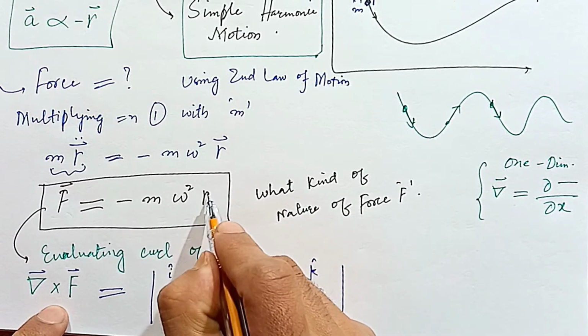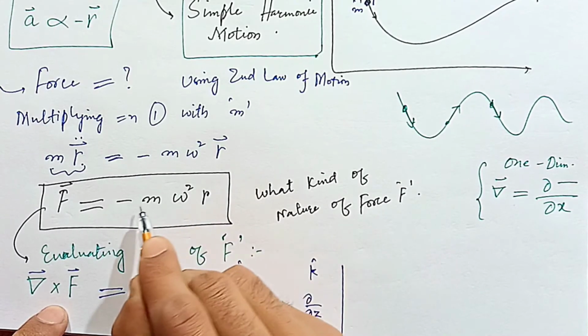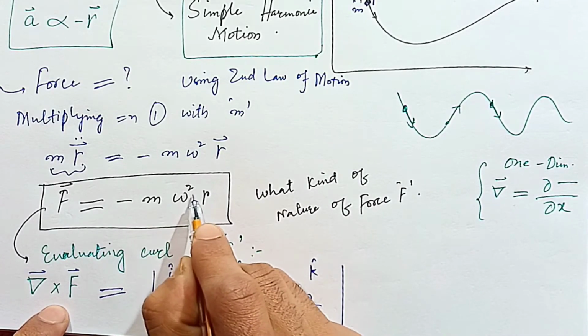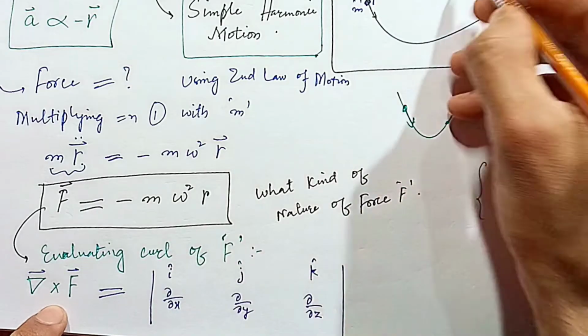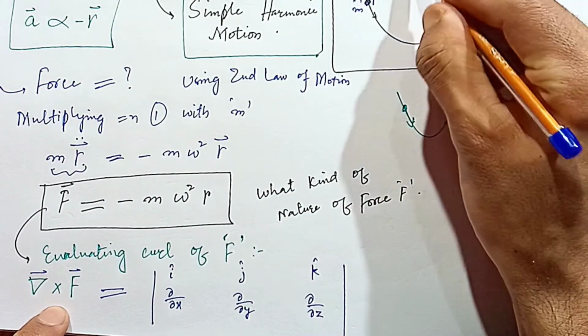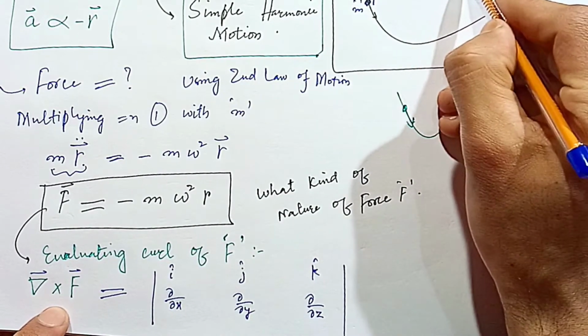Okay, we have been given this force, minus m omega squared times r, and r is this very thing. So r has only two components.